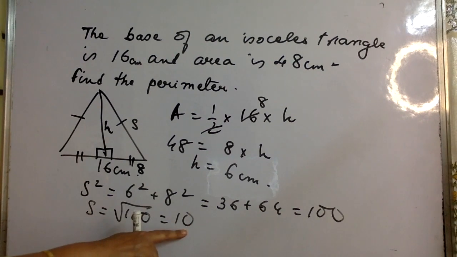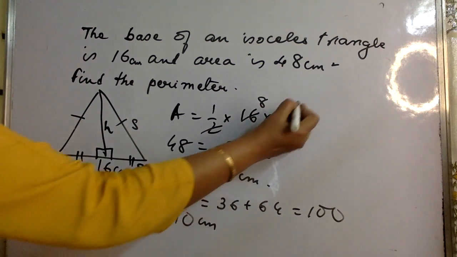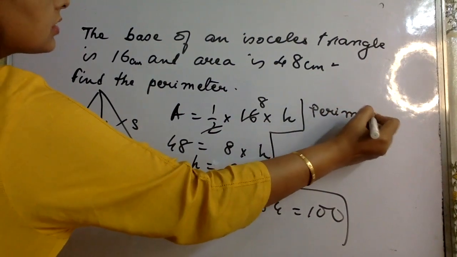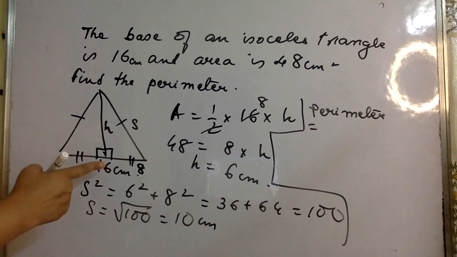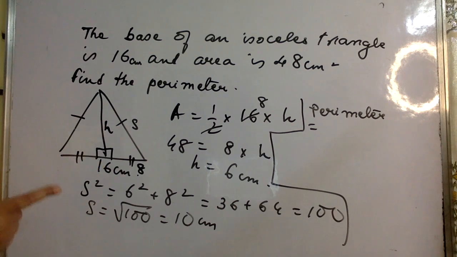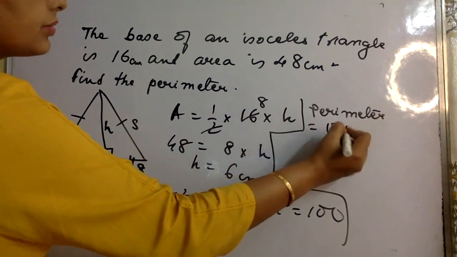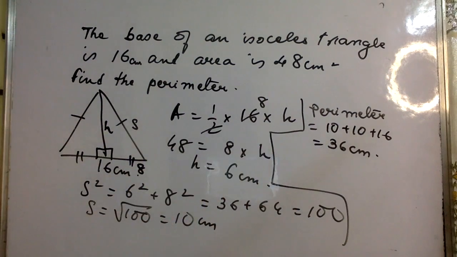So if s is equal to 10 centimeters, therefore perimeter of the triangle is going to be 10 and 10, don't do 10 into 3 by mistake, 10 plus 10 plus 16, which is equal to 36 centimeters.